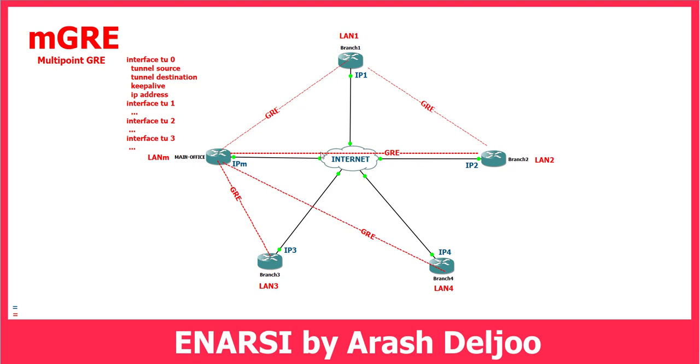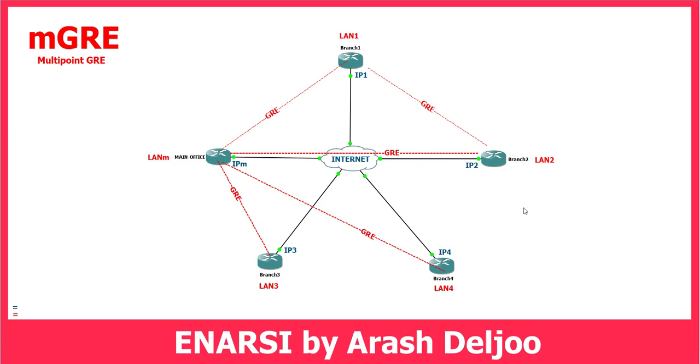But when we are working in one enterprise with multiple branches, and we need tunnels between the different branches and the main office, and maybe between other branches, we cannot use point-to-point GRE. The administrative overhead is high.